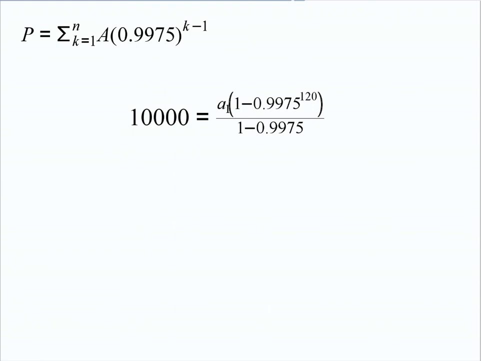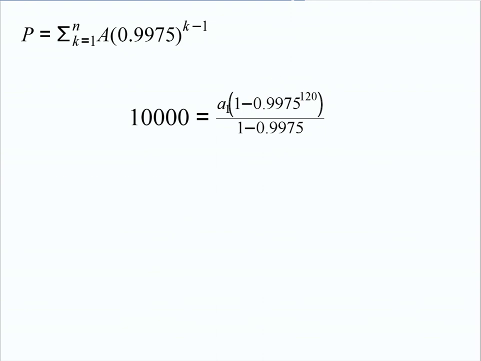To solve that, I'm going to have to do the same thing I did before. Do the exponent part, 1 minus that number, right? And in the denominator, 1 minus 0.9975. I'm going to multiply the denominator to both sides and then divide by whatever I get in the parentheses.